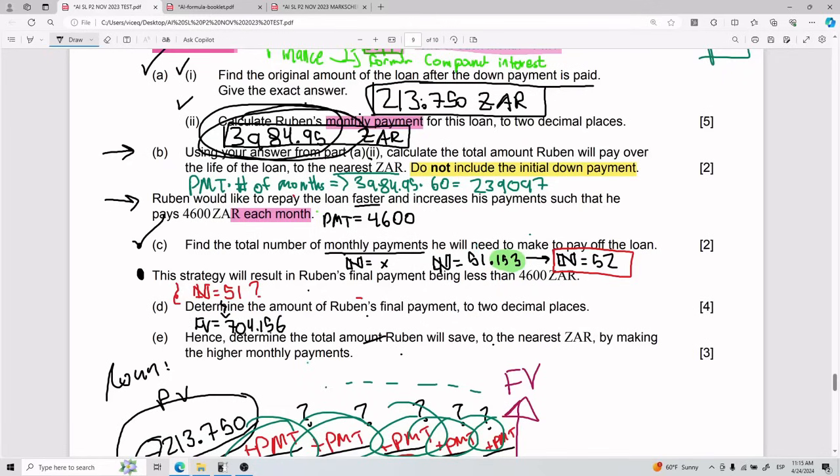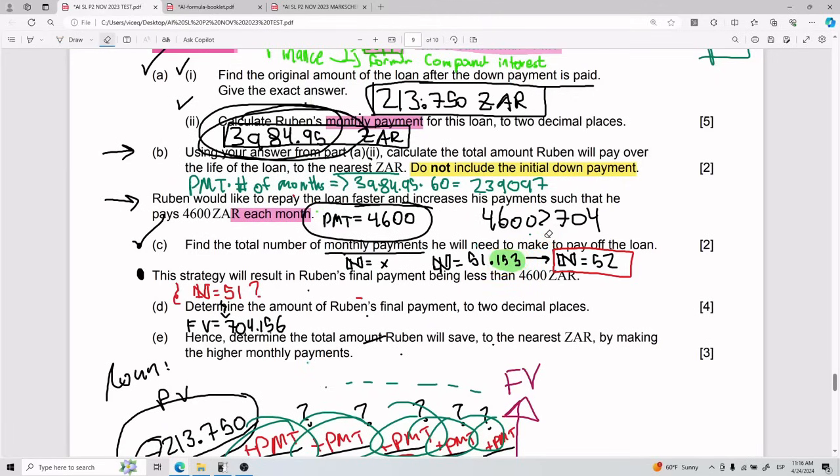This is very important to understand. One before the last month, Ruben still owes around 704 ZAR. But per month, he pays 4,600, which is way bigger than 704. That is why you have a decimal here of 0.153.